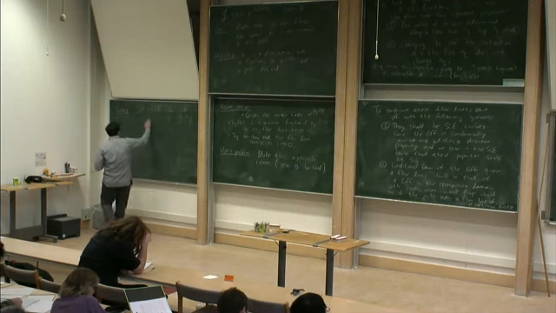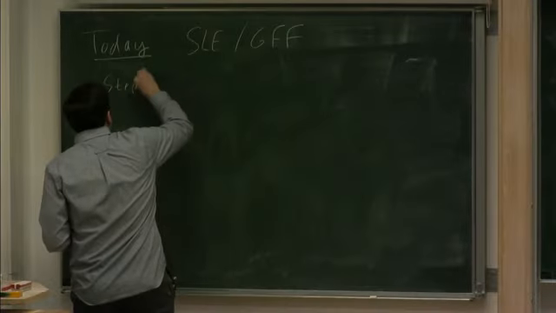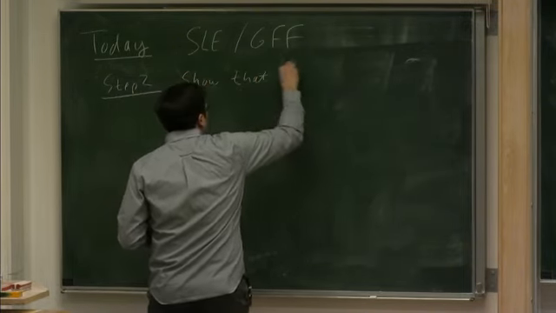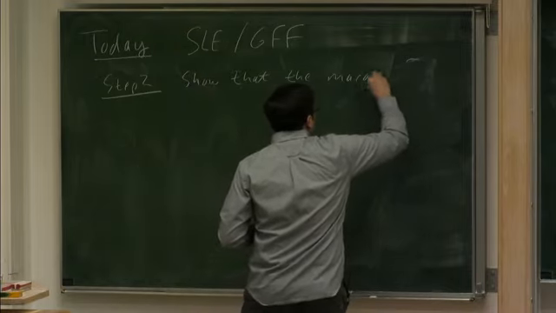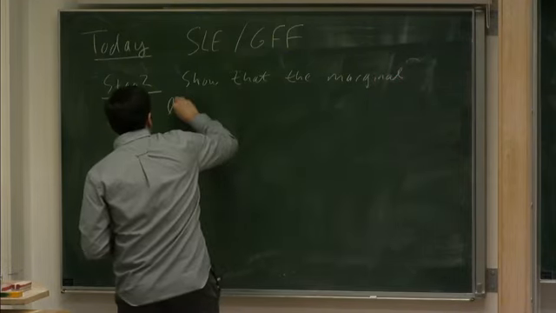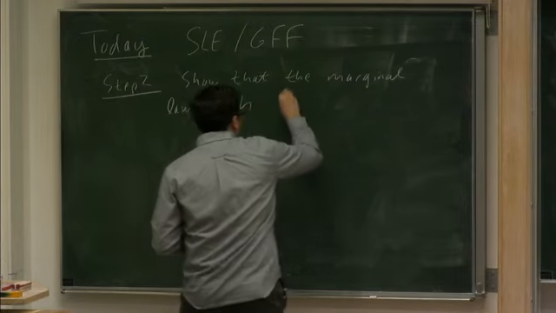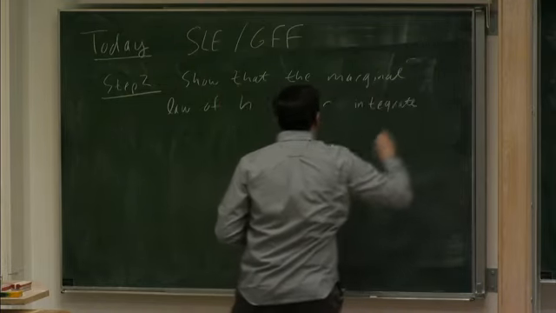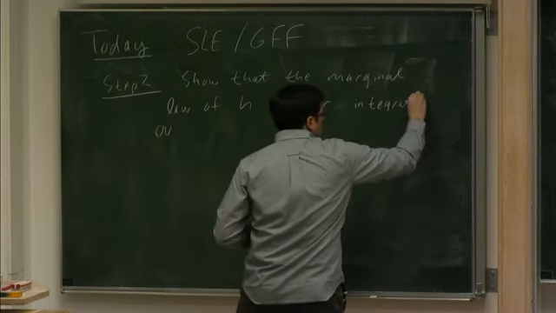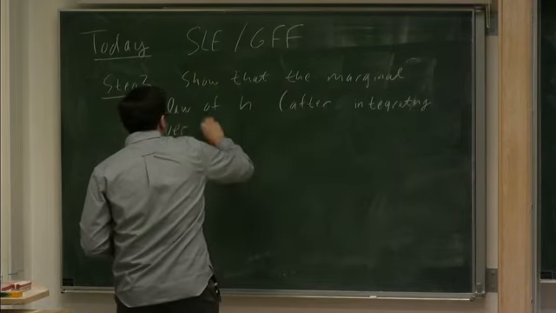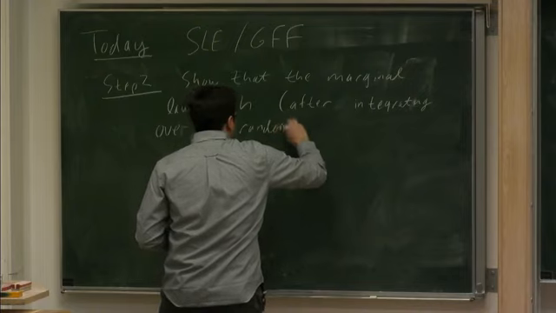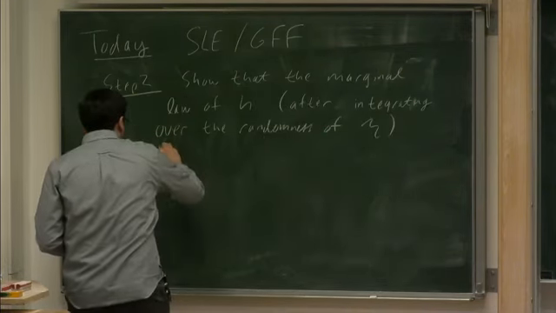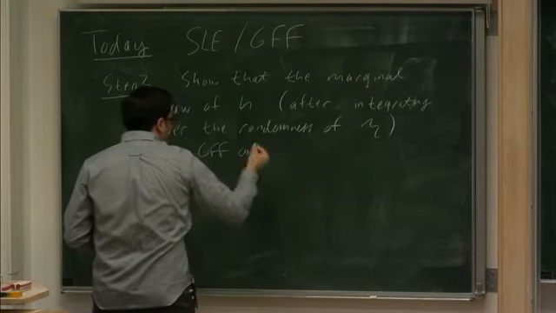And then the next thing that you do in this program is you try to show that the marginal law of h, so in other words, after you integrate over the randomness of the path, so after integrating over eta, this is a Gaussian free field on the upper half plane.